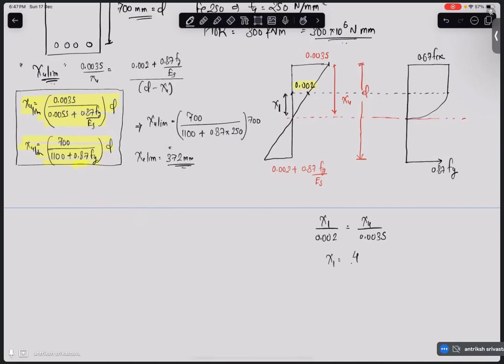So x1 will become 4 by 7 xu, isn't it? So this distance is 4 by 7 xu, and correspondingly this distance is 3 by 7 xu. So here's some easy way to remember this.